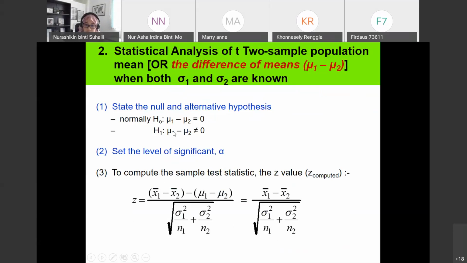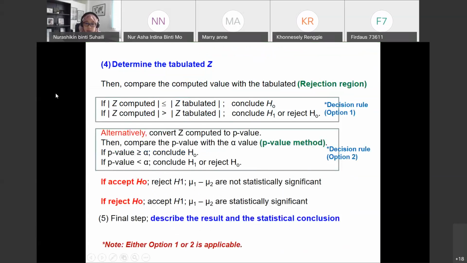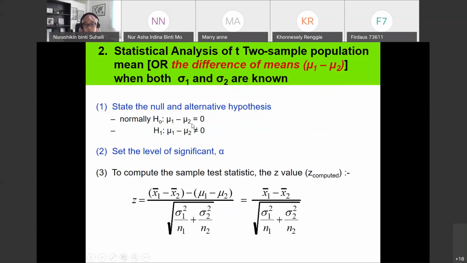But for the hypothesis, we also have to consider the second sample. Because we are analyzing two samples, the null hypothesis says there is no difference between the mean of sample 1 and the mean of sample 2. You can say that mu1 is equal to mu2, or that mu1 minus mu2 equals 0.